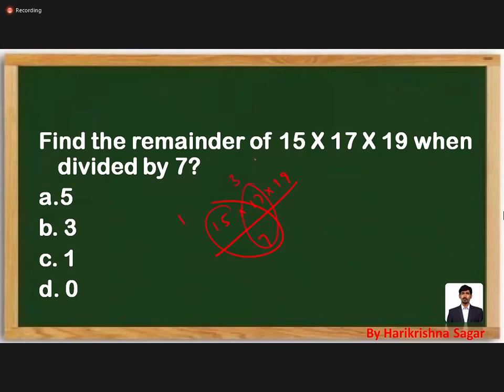Here the remainder is 3. And 7 twos are 14, we are left with a remainder of 5. So you can find out the overall remainder here. So this is 1 into 3 into 5. What is the value of it? 15. 15 by 7, remainder is 1. You can mark your answer choice as option A.